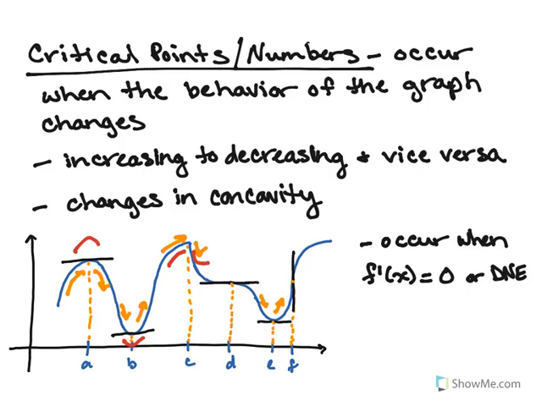Here at D, I'm going from concave up to concave down, but I'm decreasing the whole time. And at F, I'm going from concave up to concave down, but I'm increasing the whole time. So, the changes in concavity don't necessarily result in extrema, but they do give us critical points. Critical points tell us where changes in behavior are occurring.